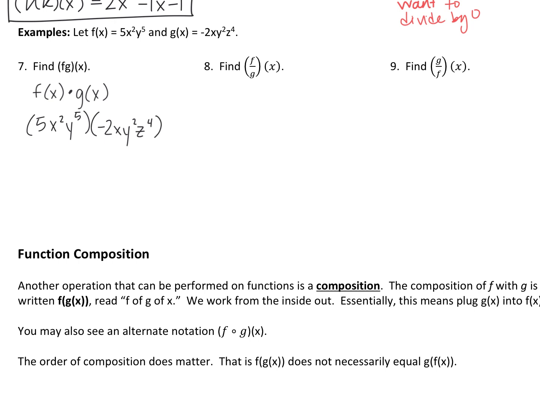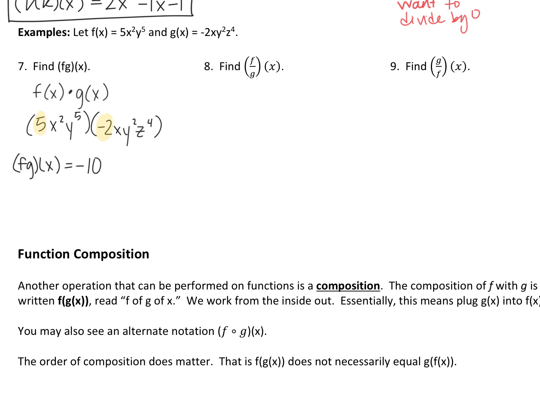Okay, and you need to remember your rules of exponents. When I have an expression like this, the first thing we'll deal with is the 5 and the negative 2. It's multiplication. What do I do with those? Just multiply them. You get negative 10. So fg of x is equal to negative 10.